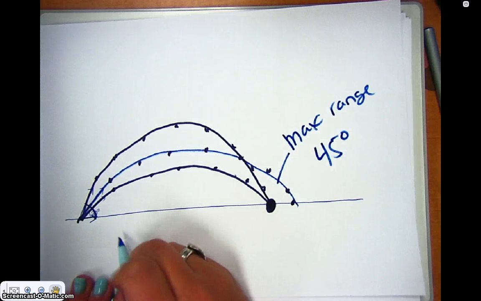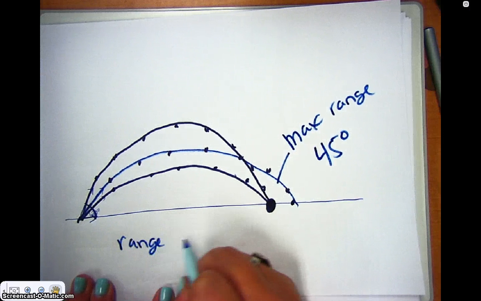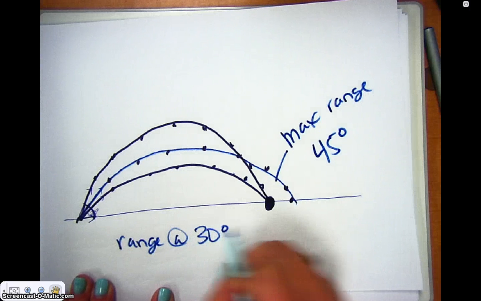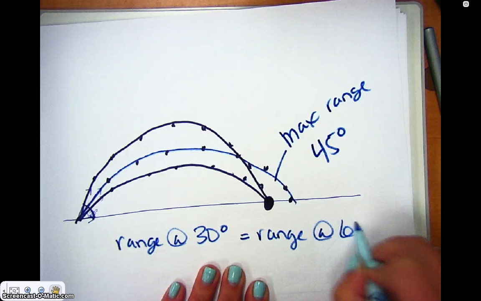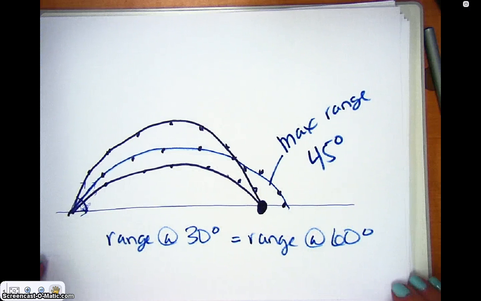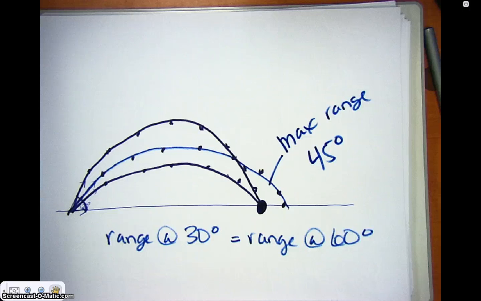However, the range at 30 degrees would be equal to the range at 60 degrees. All right? So in the next video, we'll look at what happens when we launch an angled projectile from some elevation.